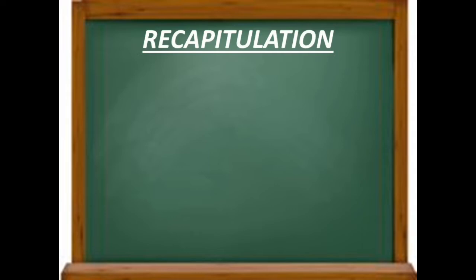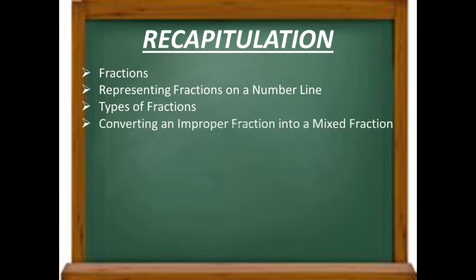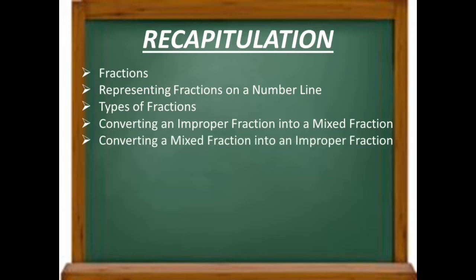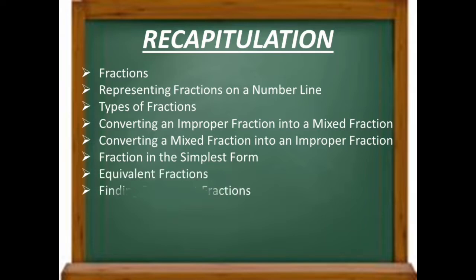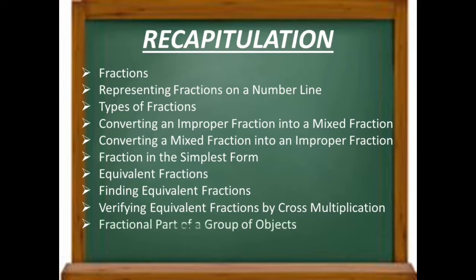In the previous videos, we have learned what fractions are, how to represent fractions on a number line, different types of fractions, converting an improper fraction into a mixed fraction, how to convert a mixed fraction into an improper fraction, fraction in the simplest form, equivalent fractions, finding equivalent fractions, how to verify equivalent fractions by cross multiplication method, fractional part of a group of objects, and we have completed our exercise 5a.